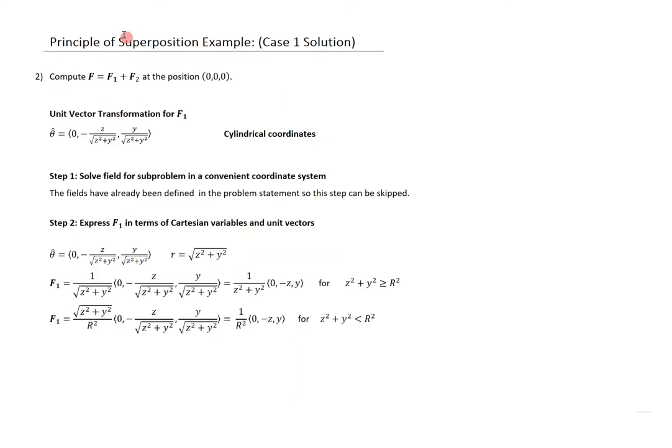All right, so the second part of the problem was to compute the total field, that is the contribution of the cylinder and that of the slab at the position 0, 0. And so the first step would be to transform the equations for the field for this cylindrical object from cylindrical coordinates to Cartesian coordinates.